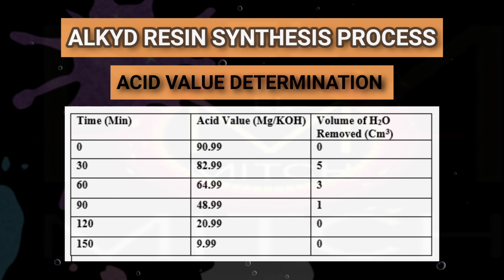In the same vein, you are also supposed to note the corresponding volumes of water that have been removed at those respective times, at 30-minute intervals. This volume of water removed can be used for further calculations, and the acid values can also be used to obtain other significant parameters.